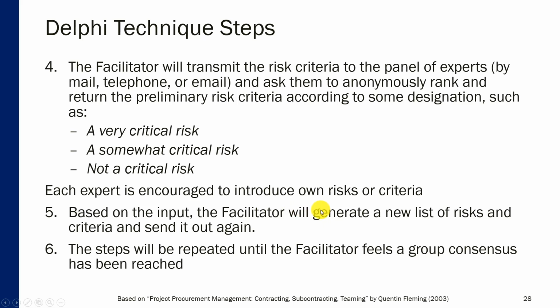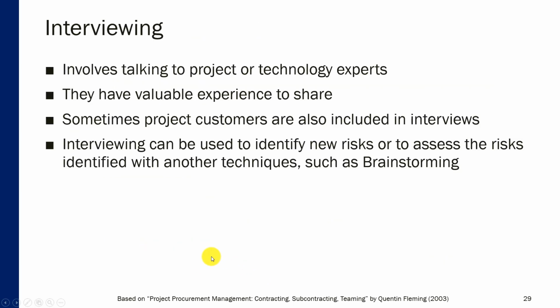Based on the input, the facilitator will generate a new list of risks together with their rankings, and then send it out again. The steps will be repeated until the facilitator feels a group consensus has been reached in terms of the list itself, what kind of risks need to be included, and also how those risks are prioritized. In other words, the importance of each of those risks.